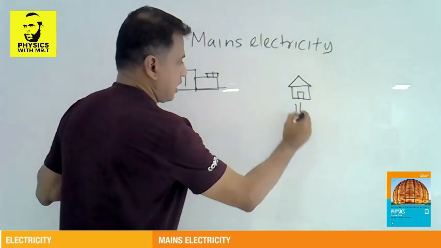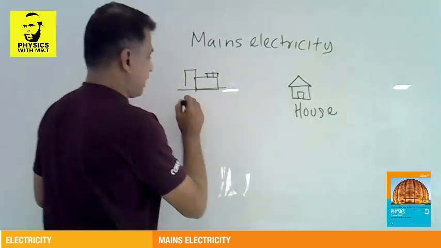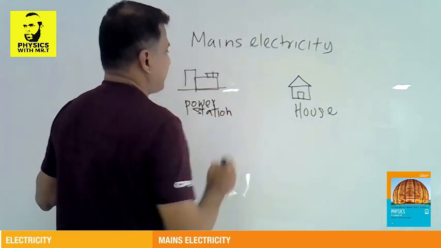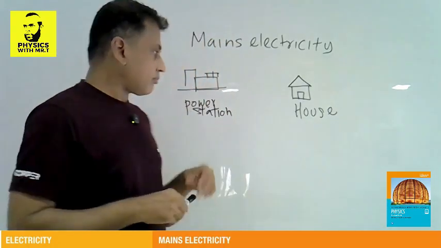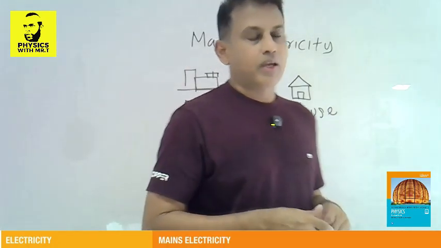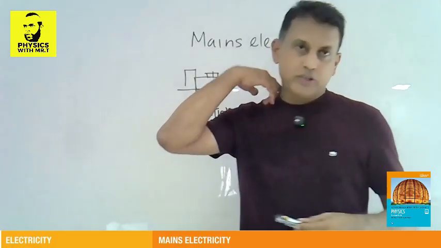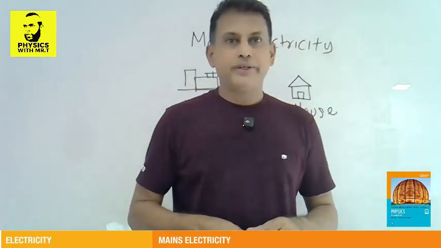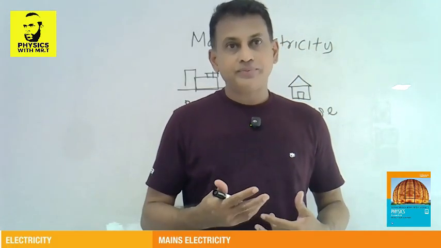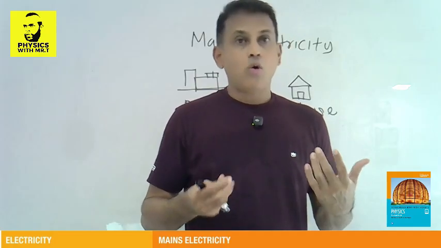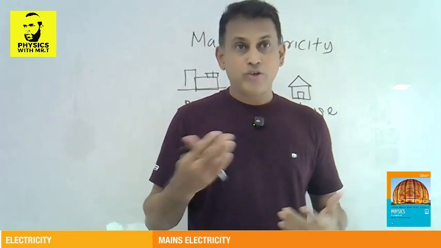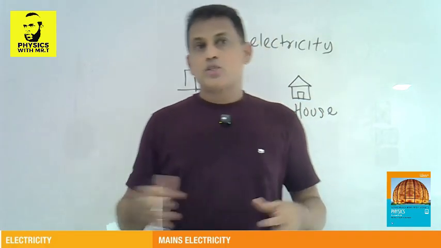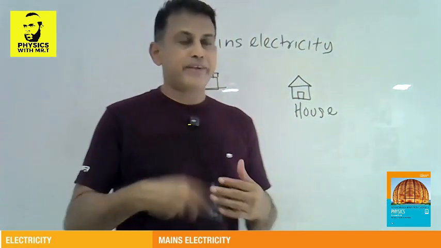This is the house, and that's a power station. In the power station they can generate electricity by different methods. We are not going to learn the different methods now. Mostly it could be fuel, coal burning, or hydroelectric power, or wind power, or nuclear power. There are many sources available to generate electricity.